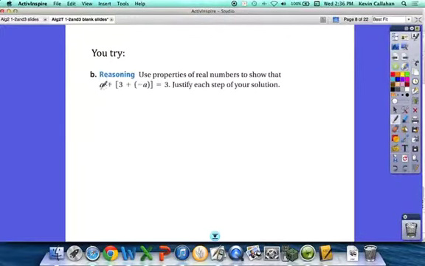And so we're trying to say A plus the bracket 3 plus negative A equals 3. So how do we simplify the left to get the 3? Well, the first step would be A plus negative A plus 3. What property did I just use? Okay.